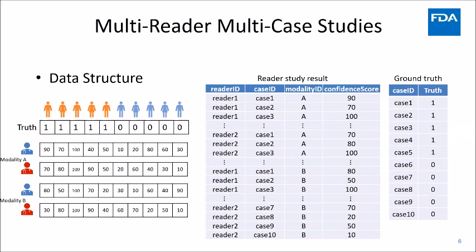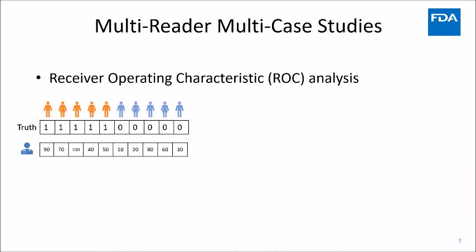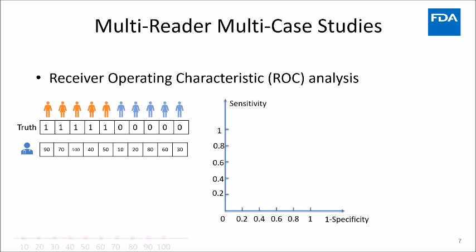To analyze this kind of data, there are many ways. One way is to do binary performance analysis, that is, to compute the sensitivity and specificity. Another way is to do the ROC, receiver operating characteristic, analysis. To draw an ROC curve, we first need to order all the scores from the reader.